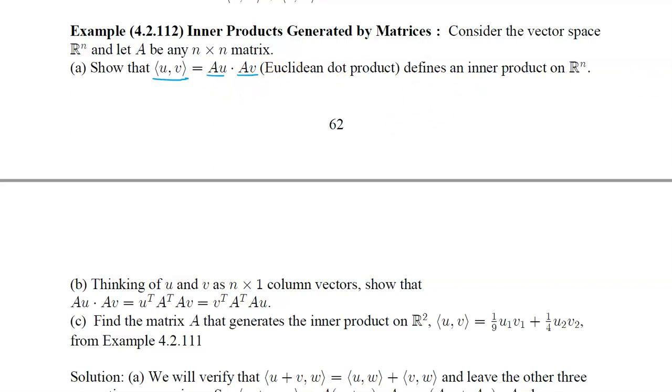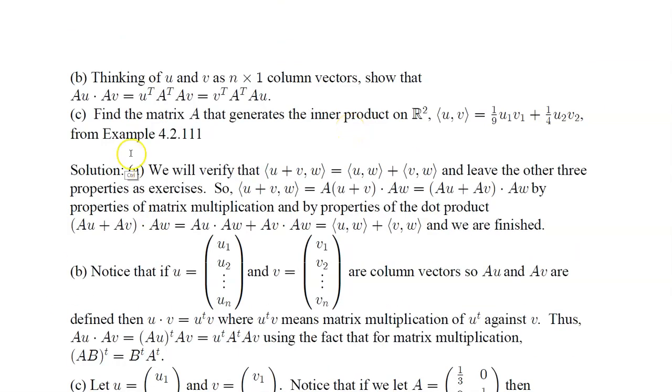And then for part B, thinking of u and v as being n by 1 column vectors, let's show that the inner product can actually be written as u transpose A transpose times A v, where all of this means matrix multiplication, or you could actually write it like this as well.